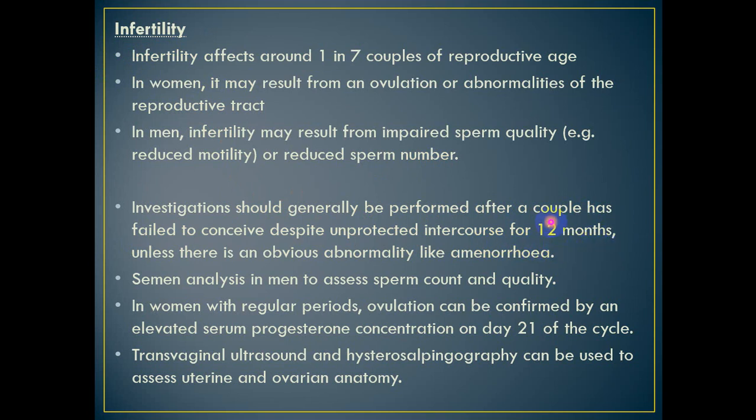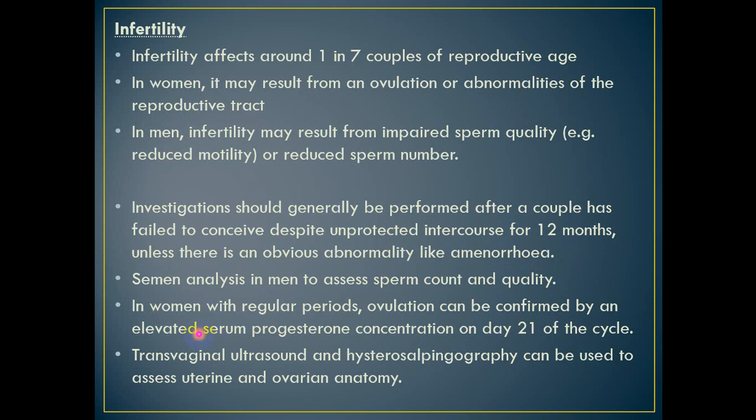Meaning, when a couple comes to be assessed for infertility, the first thing is to advise them to have frequent unprotected sexual intercourse for at least 12 months before we try to look for an underlying problem. This is true unless there is an obvious abnormality, like a female with a previous history of amenorrhea who is recently married. This problem needs no waiting for 12 months. This needs to be addressed right away.